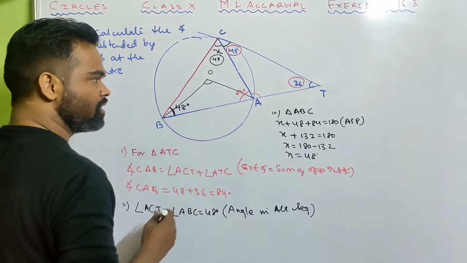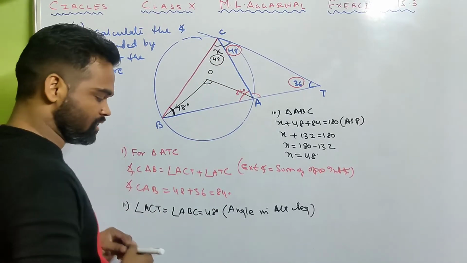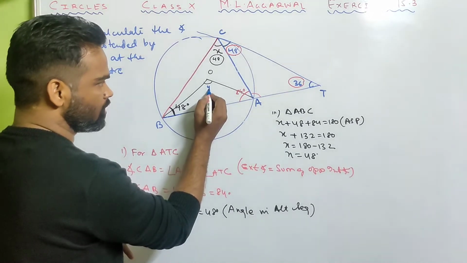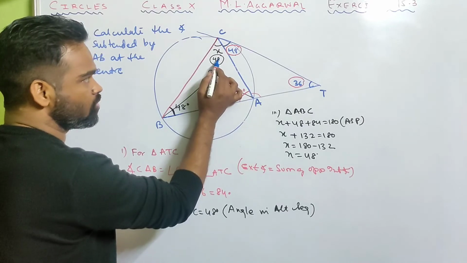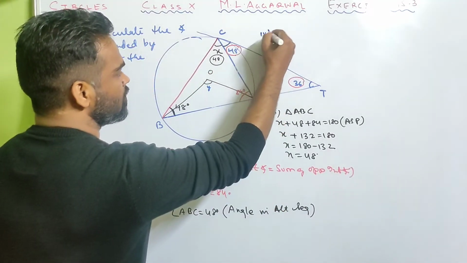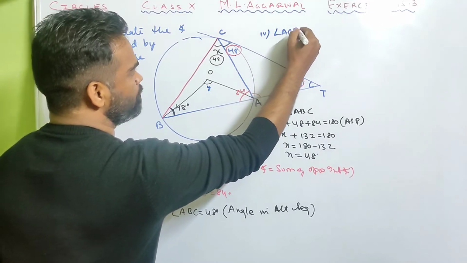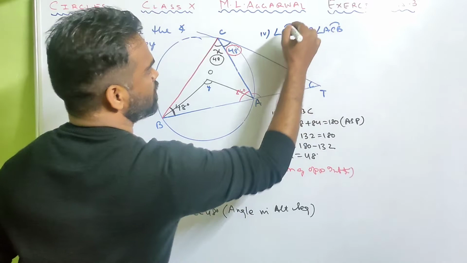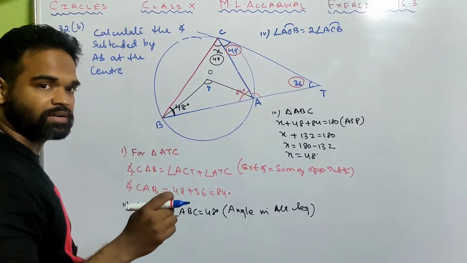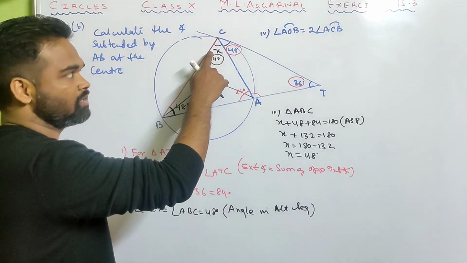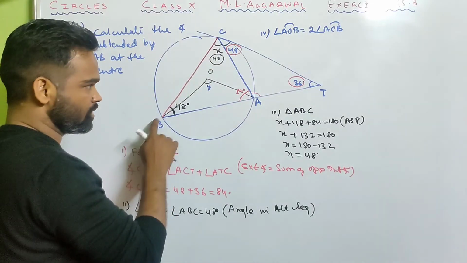We have one theorem: angle at the center is twice the angle at the circumference. So, if this is Y, then Y will be twice of X. Look carefully. Angle AOB will be twice of angle ACB. Angle at the center is twice the angle at the circumference from the same 2 points.